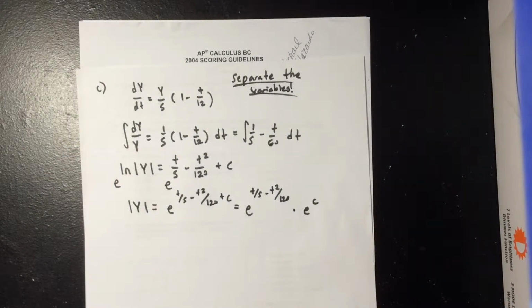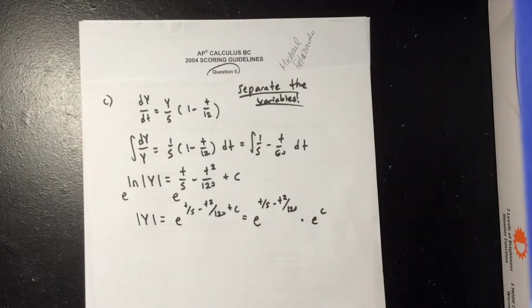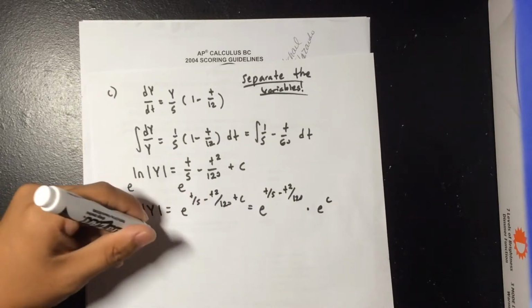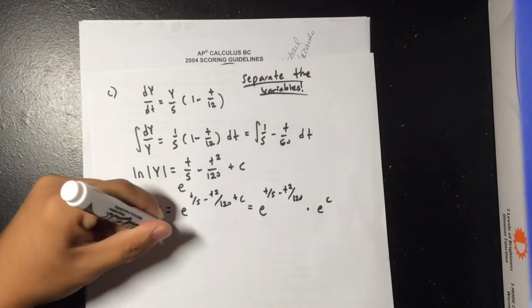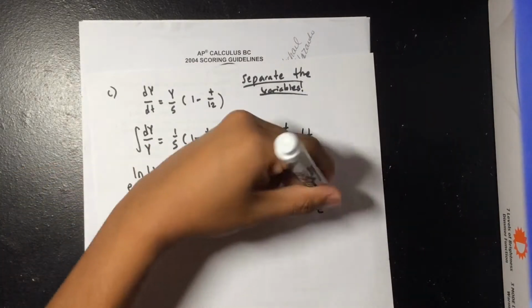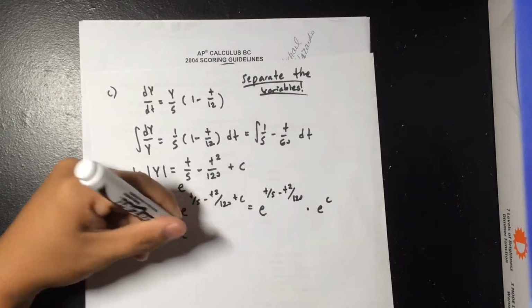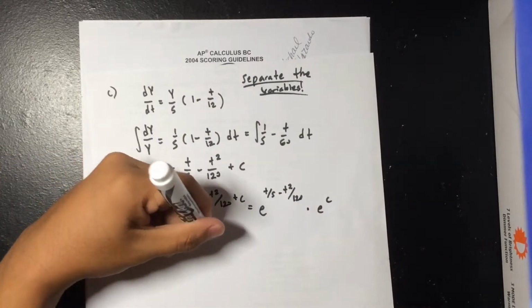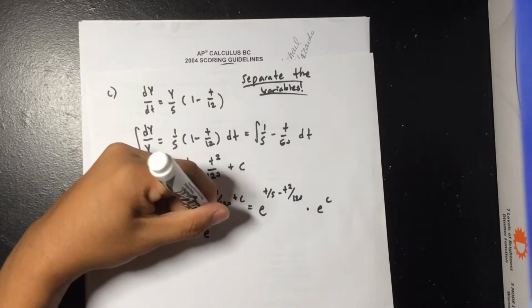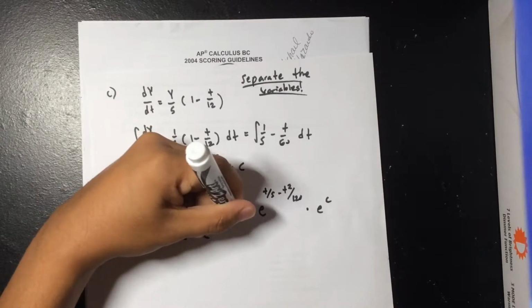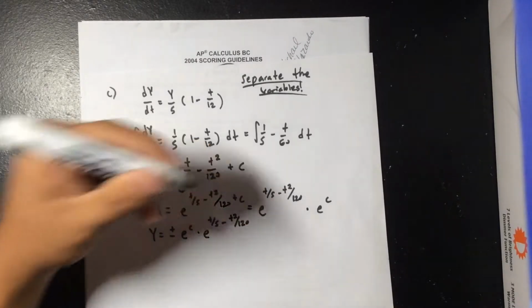This is exponent rules. Now I'm going to get rid of the absolute value so that we get y is equal to plus or minus e to the c, I'm going to put the e to the c in front this time, times e raised to the t over 5 minus t squared over 120.